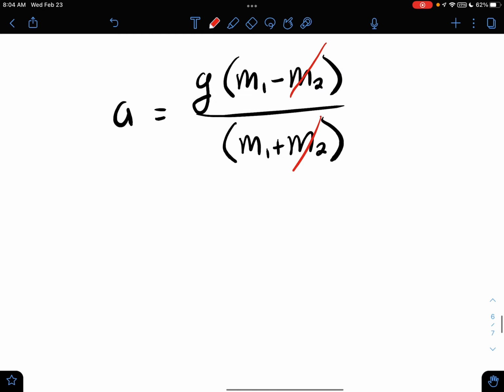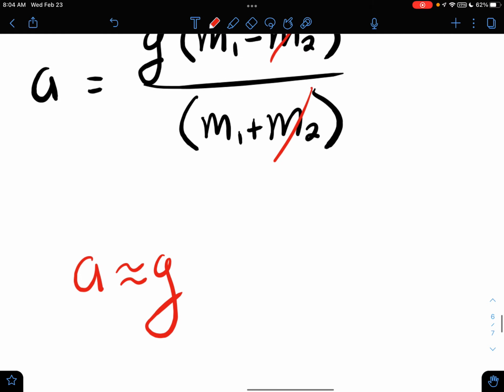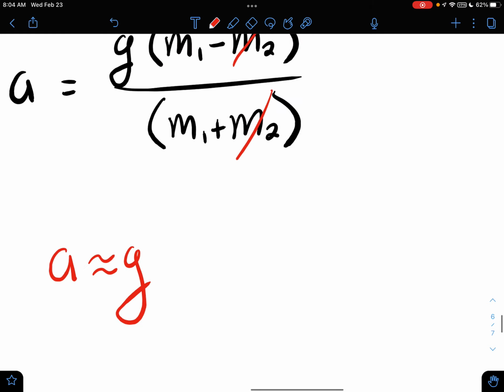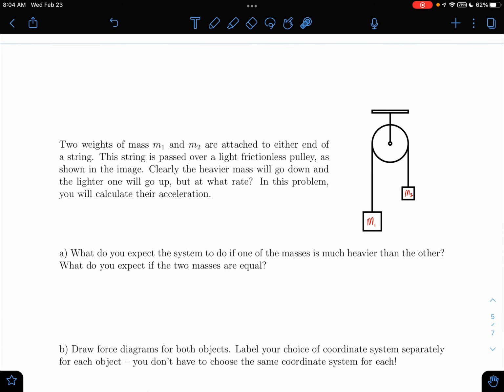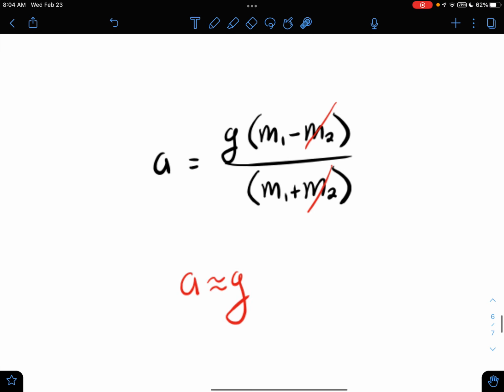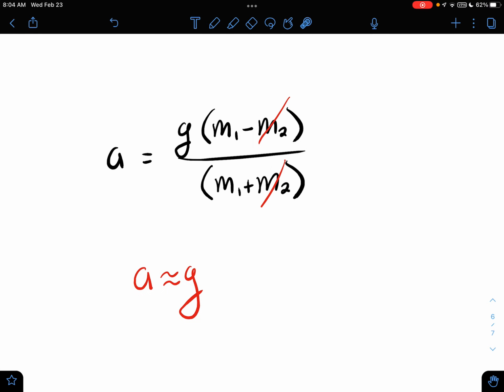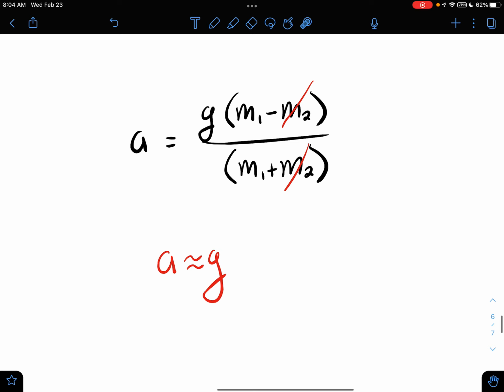It's going to be M1 over M1, and our acceleration is going to get pretty close to G in that positive direction. If there's no mass on this side, this is just in free fall, because the tension would be 0 at that point. There's no mass on the other side to counterbalance it at all. So this makes sense.